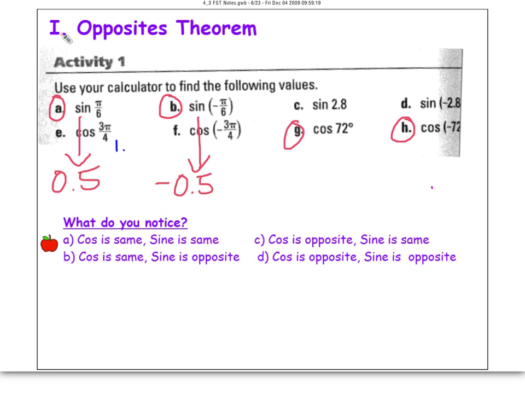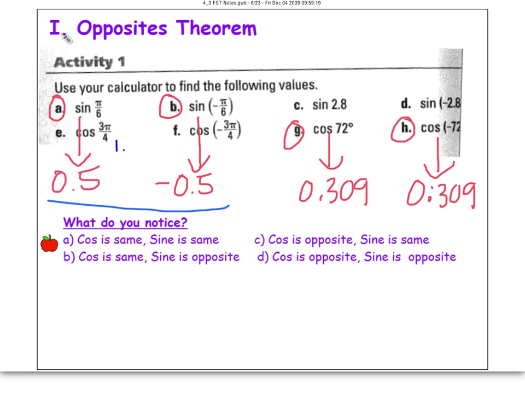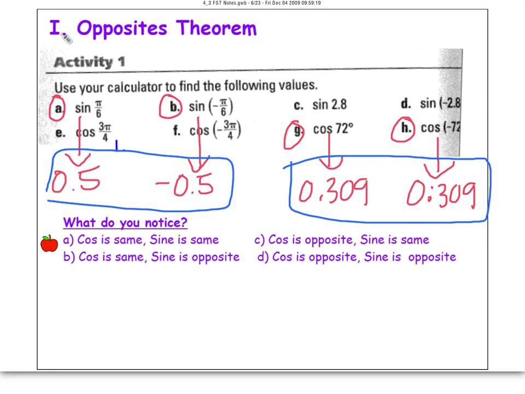Now if we look at the cosine of 72 degrees, that ends up being 0.309, and the cosine of negative 72 degrees is positive 0.309. So what we notice is if you have two angles, either radians or degrees, that are opposites of each other, their sine values will always be opposites of each other, whereas their cosine values will always be the same.